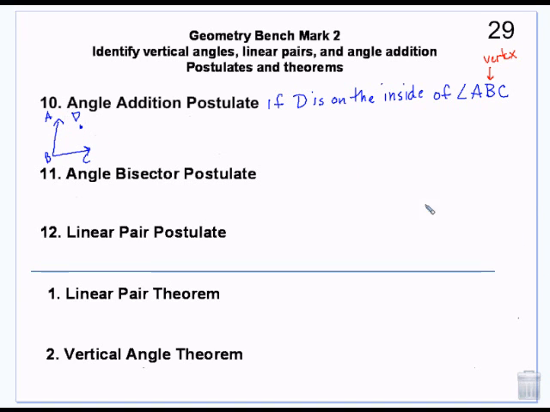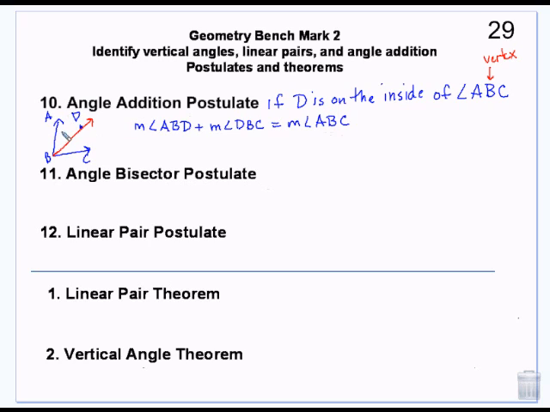If I draw a ray to D, then the measure of angle ABD plus the measure of angle DBC is equal to the big angle ABC.